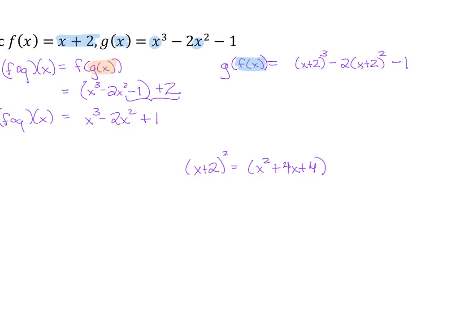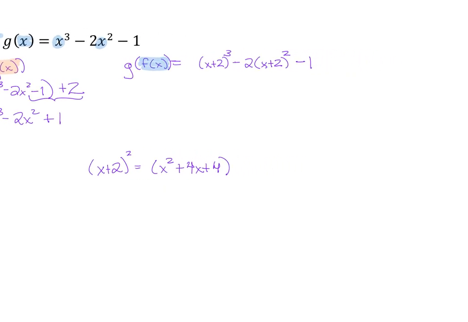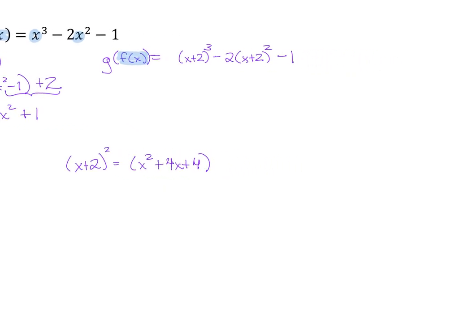You can either FOIL this, or you can go ahead and use the formula for a square of a binomial. And I'm going to go ahead and plug that in for my x plus 2 squared. We have x squared plus 4x plus 4.